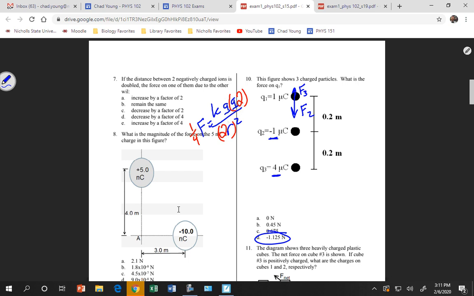And I know that F2 has to be bigger. Now you could go through and calculate F2. And you would say K QQ over R squared. And then you could do the same for F1, making sure that you use 10 to the minus 6 for micro, and getting all your numbers right, and then take the difference between those two. But you're going to find that that force has to be down. Okay, yeah. The answer sheet says that it's A.